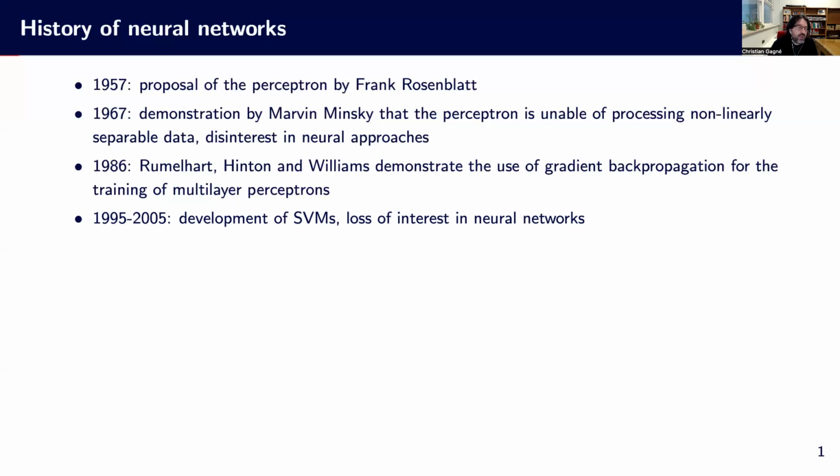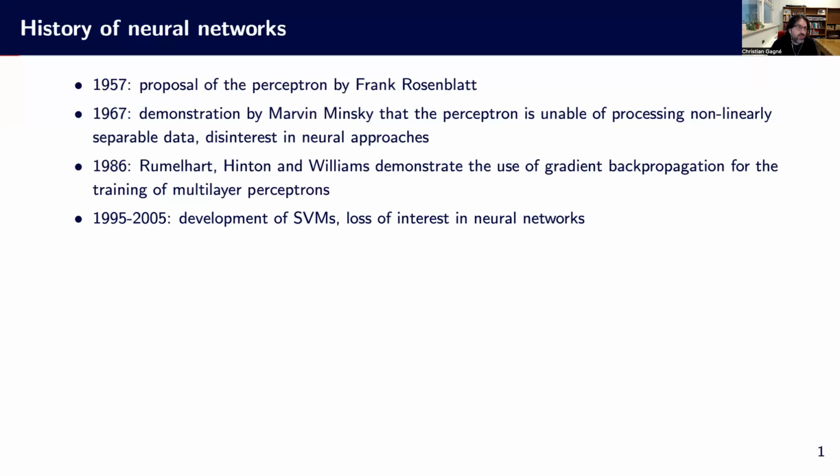SVMs proposed an approach that was well-founded mathematically speaking, and was really well performing in practice when used properly. That created some pushback on neural networks, because they were not as strong as SVMs.